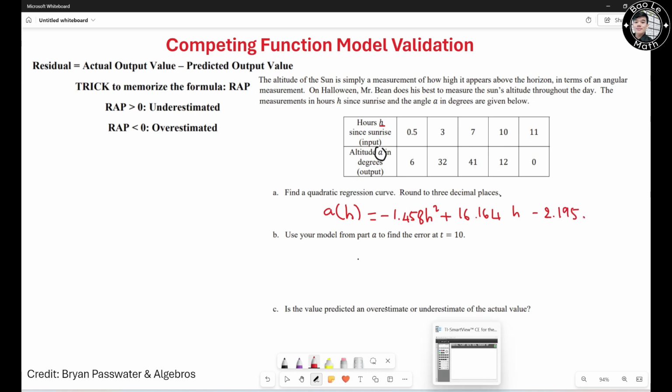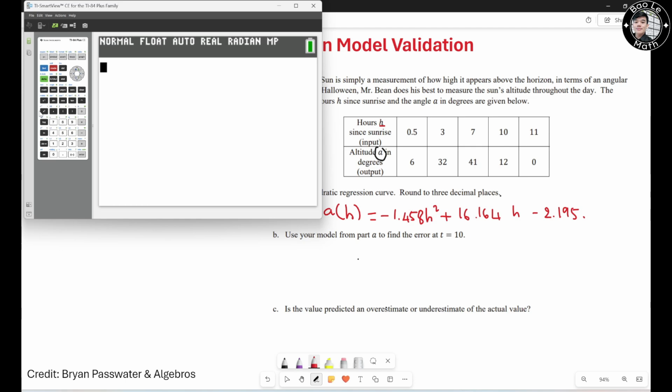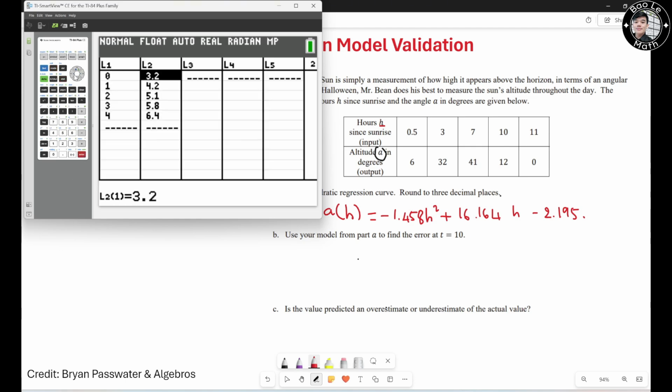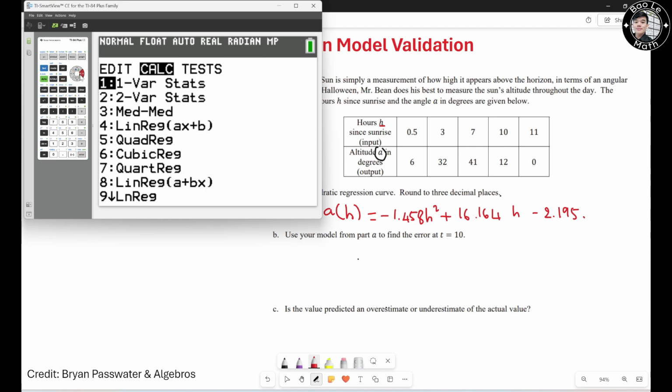So if you use the TI-84 Plus CE calculator, you just hit start, edit. Now you just input the values right here. Then you hit start, go to count number 5 right here.